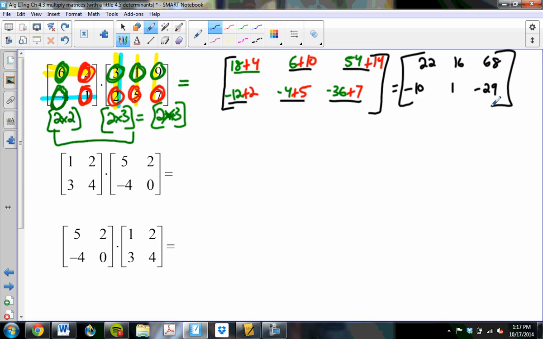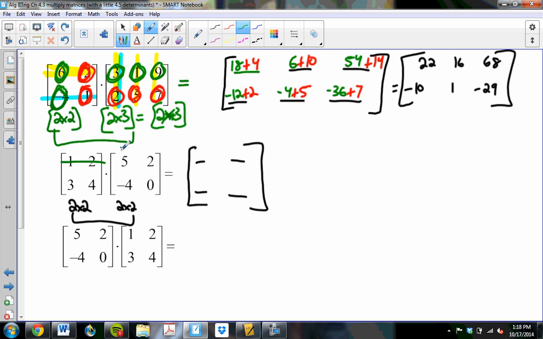Okay, after a while you should be able to do this faster. This is a 2 by 2, this is a 2 by 2. I know that my new matrix is going to be a 2 by 2 because of these outer numbers. So I'm going to go row, column.